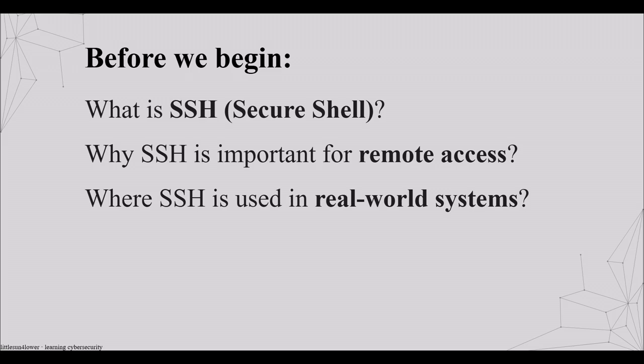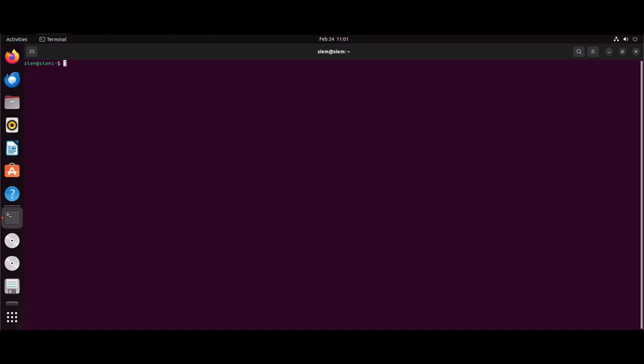So now let's begin our setup. How to install an SSH server on Ubuntu. So firstly, we need to install and enable OpenSSH server. So let's start now.